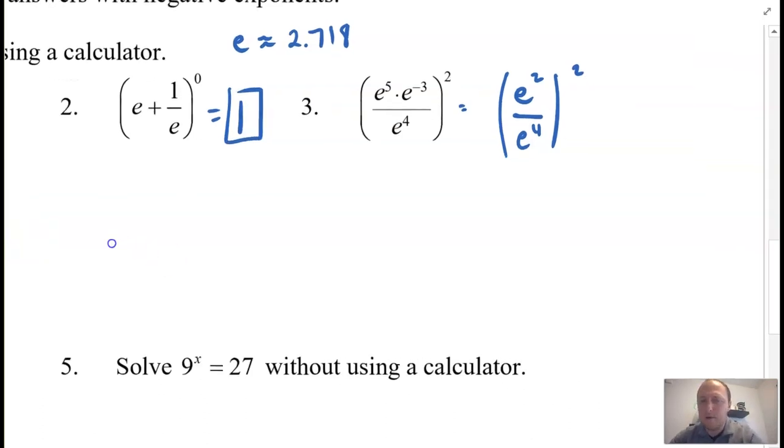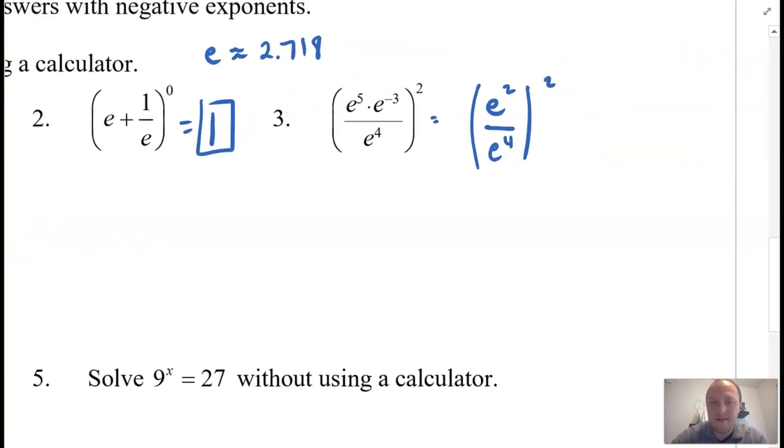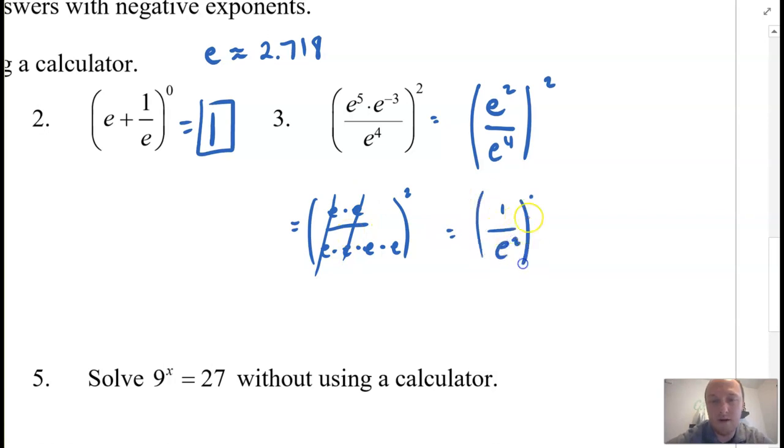Now, a couple of ways you can simplify this, and I think the easiest way is to think about it like this: this is e times e over e times e times e times e, and you have 2 of the e's canceling out. So this is 1 over e squared, squared.